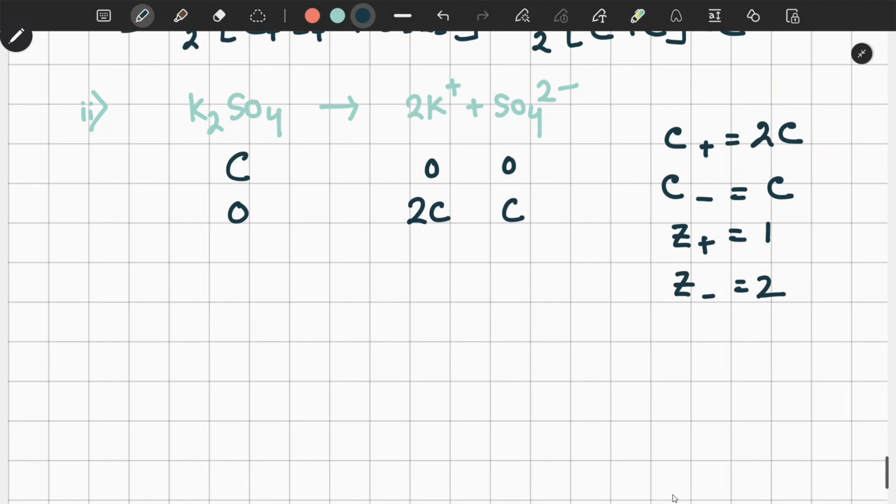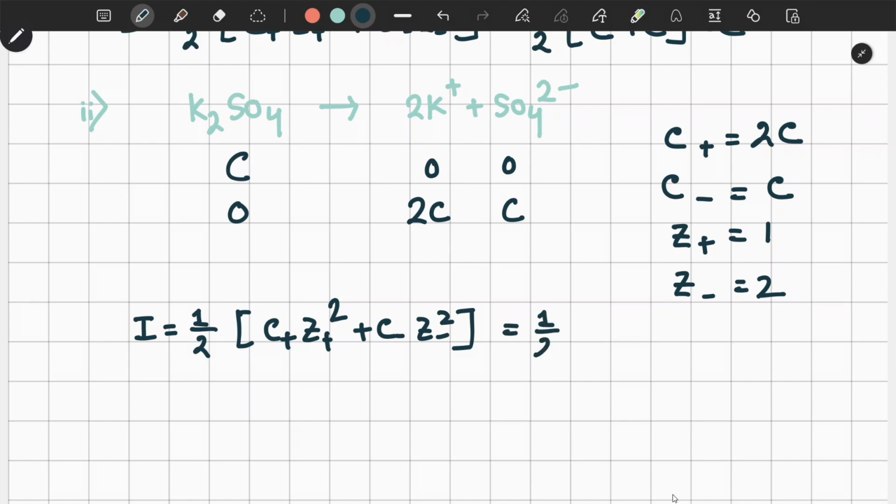So it will be 3C. If you remember, it will be 3C. So half of C plus Z plus squared plus C minus Z minus squared. So it is 2C plus C times 4, so 3C. And in the question it was 0.25, so it is 0.75 molal.